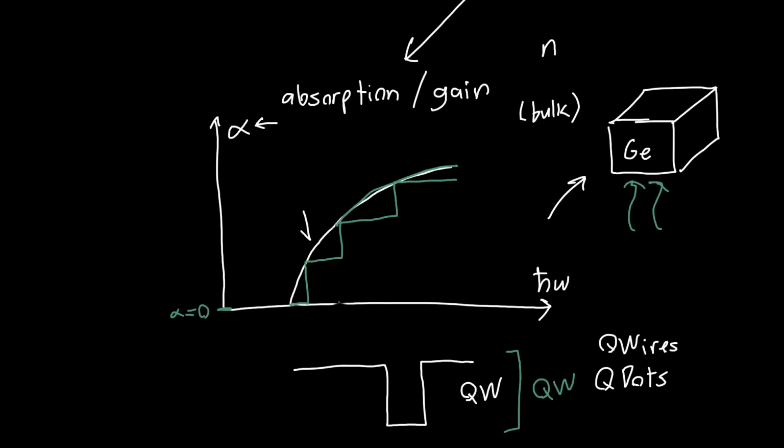And just as with the bulk case, we can also have gain in our quantum wells. So under certain conditions, we can have negative absorption, and then it just tracks out whatever our gain looked like previously. But we'll analyze when we can get this.